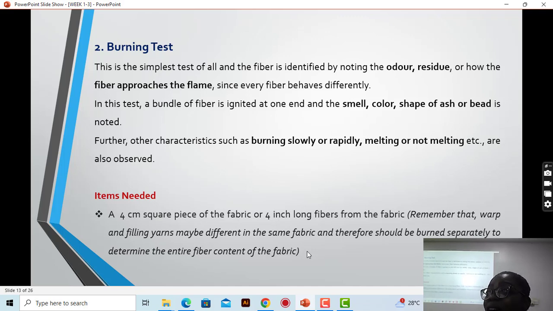Then we can tell that, oh, this fabric is made with only one type of fiber, or it is made of two different types of fibers. And it will tell us exactly, because now that we've separated it, we'll be able to tell. So this gives you a better, more accurate result than burning the whole fabric all at once, especially if it is a blended fabric. I hope we understand this one.